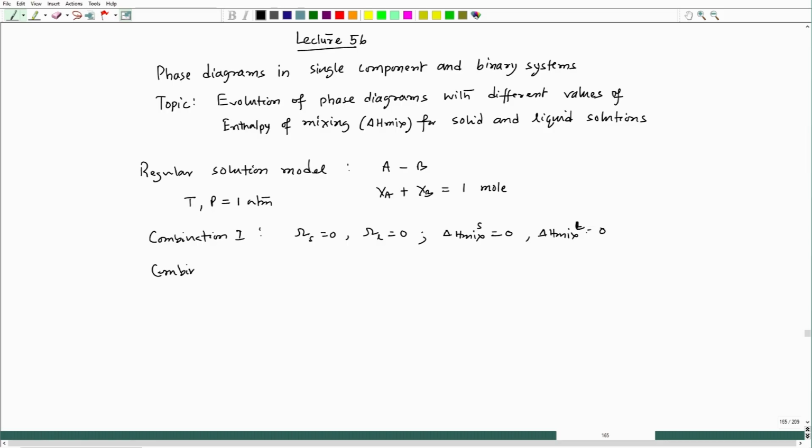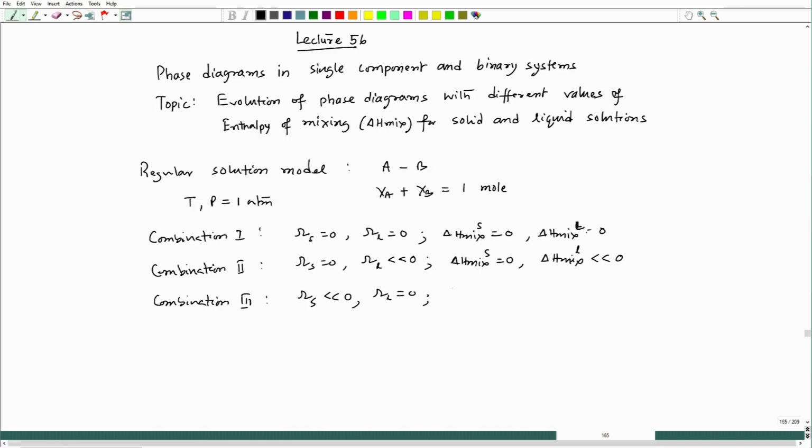Combination 2, where omega S is 0, whereas omega L is less than 0, and correspondingly del H mix of solid is 0 and del H mix of liquid is less than 0. And then combination 3, where omega S is less than 0, whereas omega L equal to 0, and correspondingly you can write this.